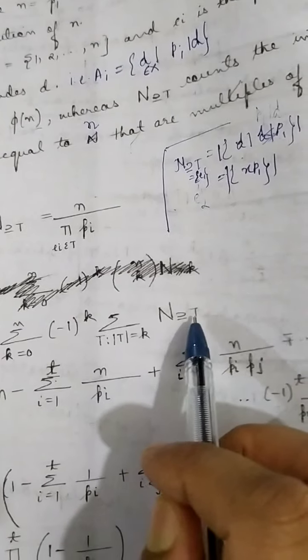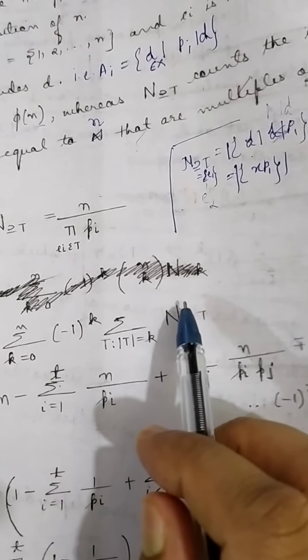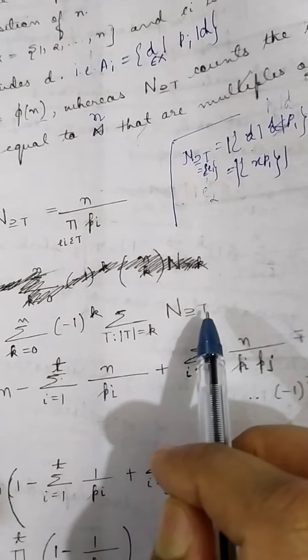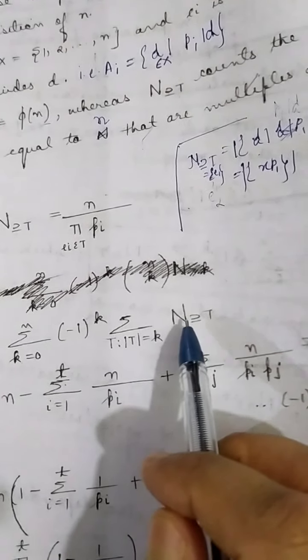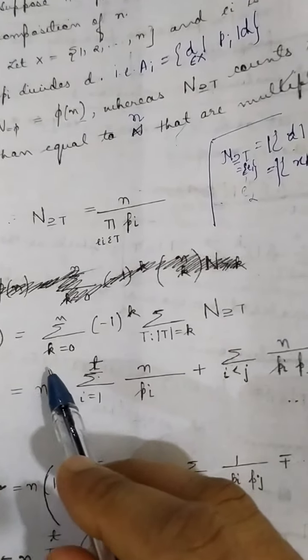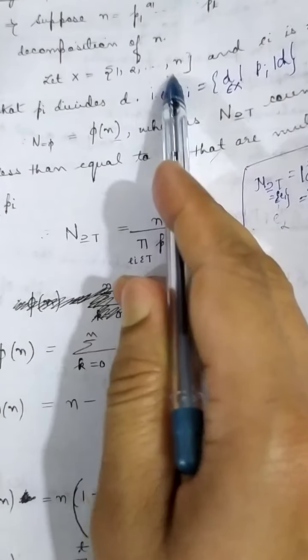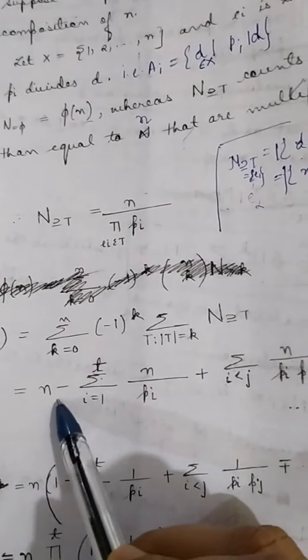This representation satisfies the elements which are relatively prime to n and which are not relatively prime to n. That is, all those elements of the set capital X. So capital X contains n elements.